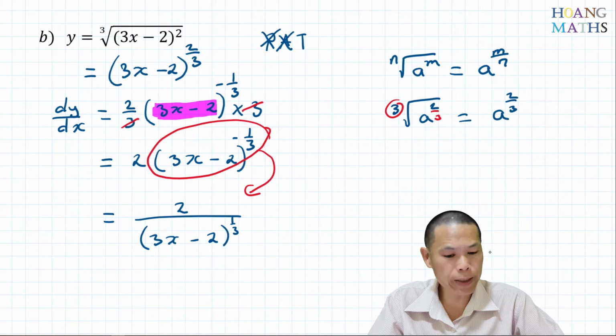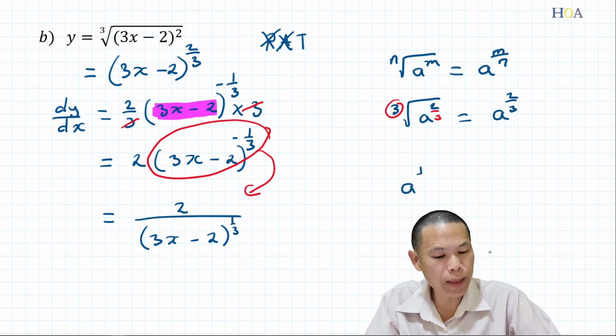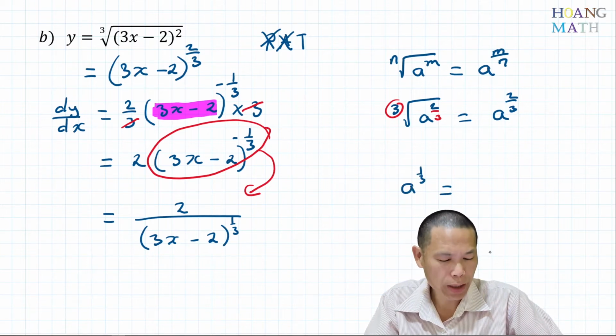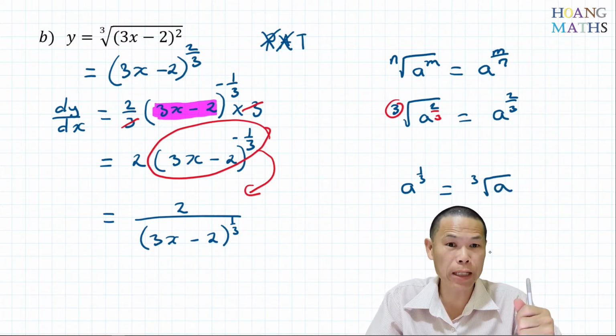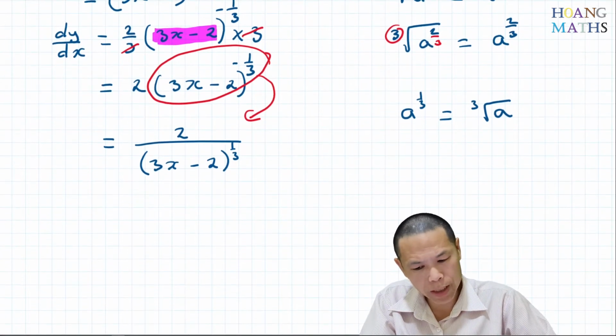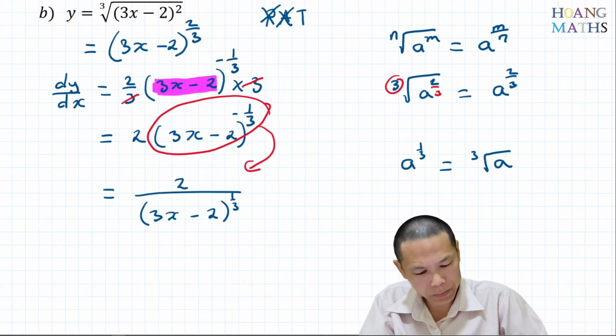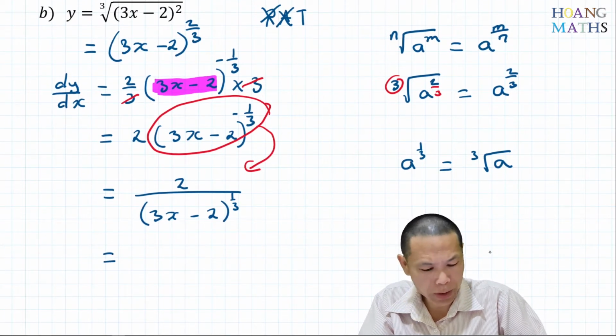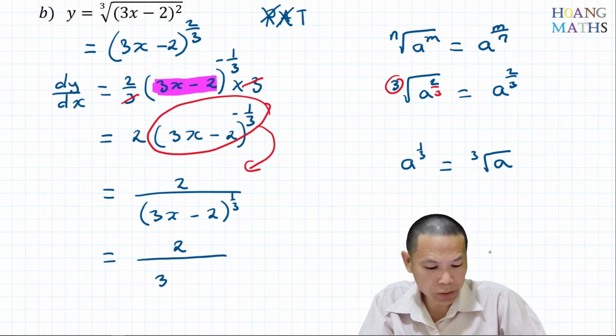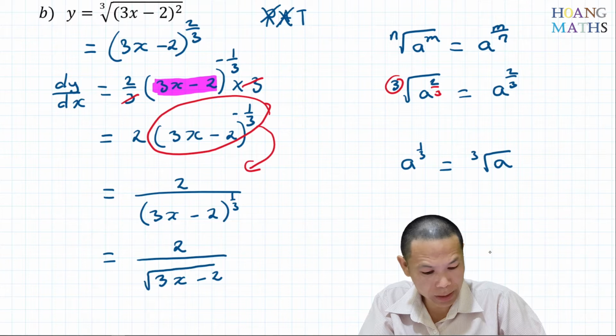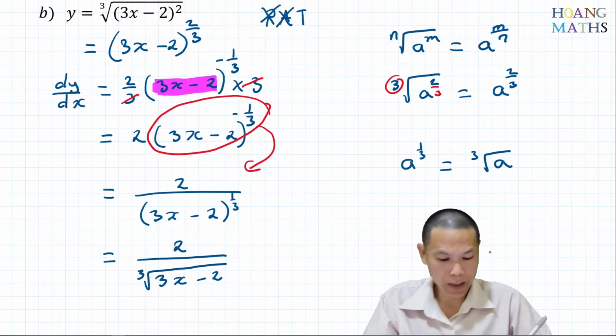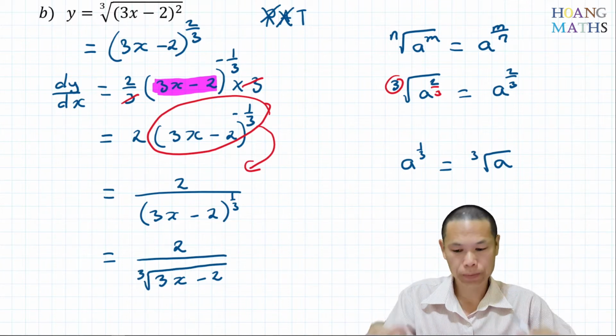Now don't forget, a to the power of a third is equal to the cube root of a. Okay, please remember that for me. So that will give me, I just write this down. So that is equal to 2 over the cube root of 3x minus 2. There you go.